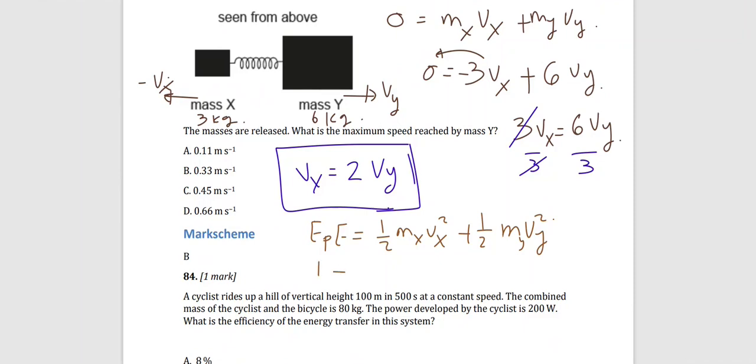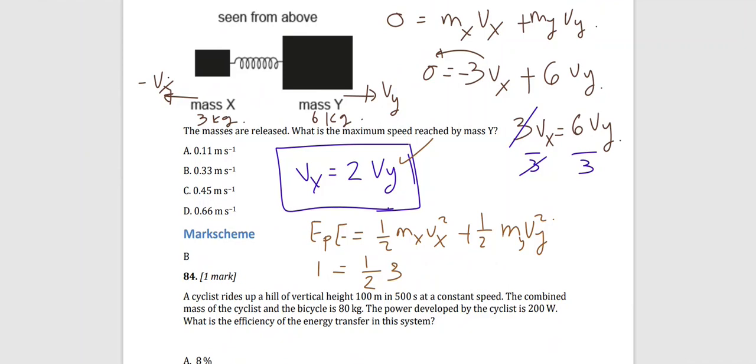So 1 equals half times M, which is 3, times Vx squared, plus half times M of object Y, which is 6, times Vy squared. Now, what is Vx squared here? Vx is 2 Vy.